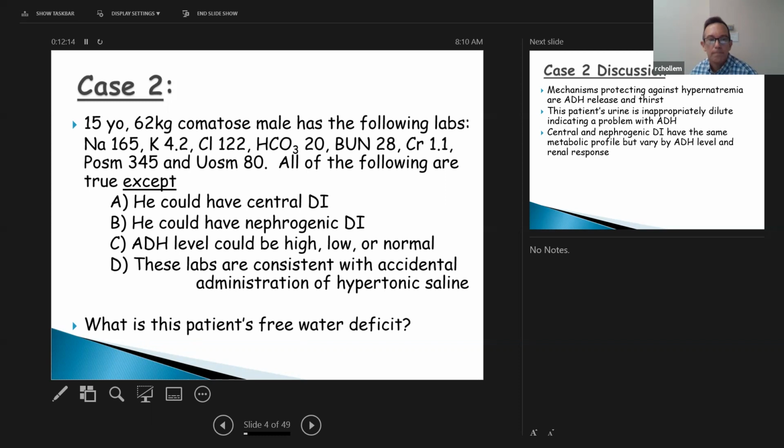Okay. Yeah, so correct. You don't know which one. And so, kind of like our psychogenic water drinker situation, you can create hypernatremia with too much salt.